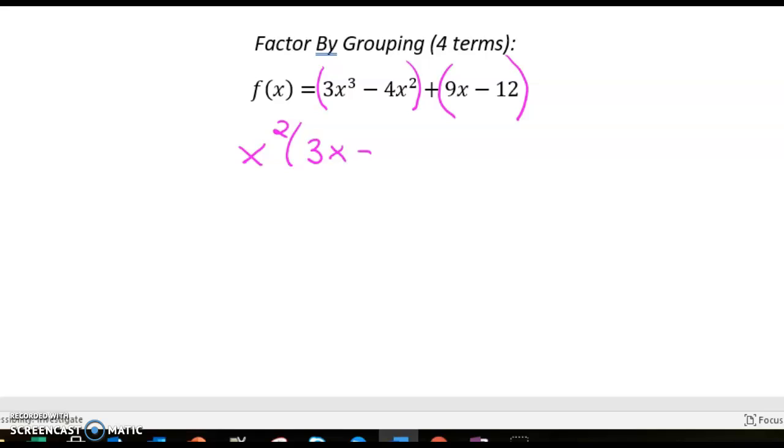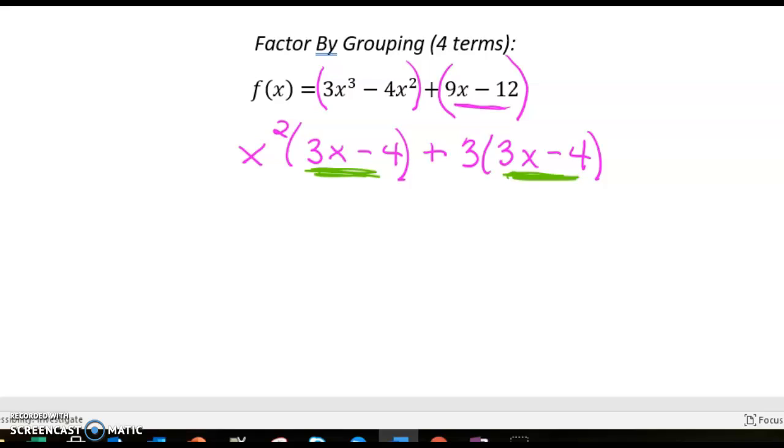We have 3x minus 4 plus, we factor out the GCF in the back 2, which is a 3. We'll end up with 3x minus 4 in parentheses. Notice the binomial in parentheses is the same, and it should always be the same. If it's not, something went wrong.